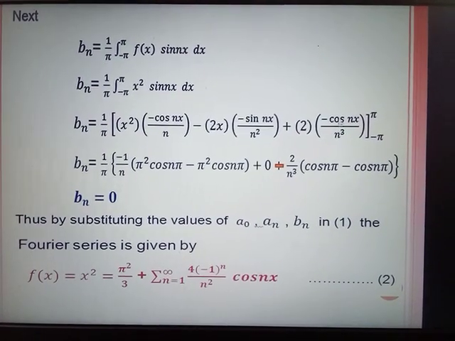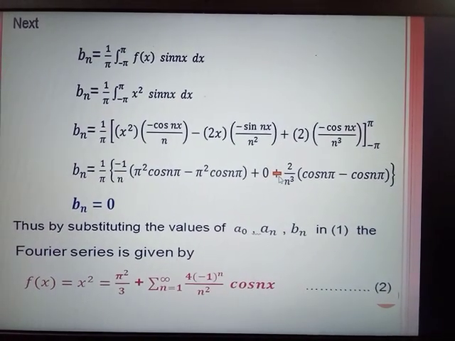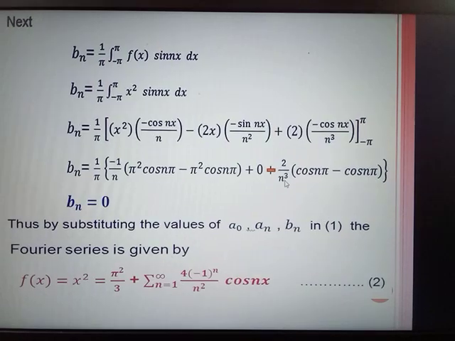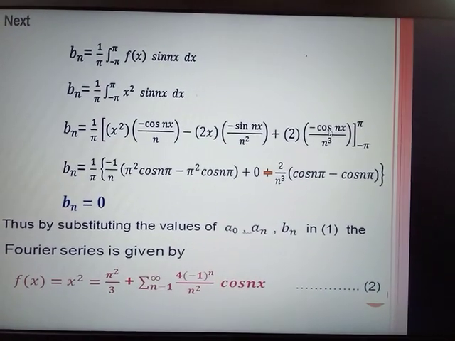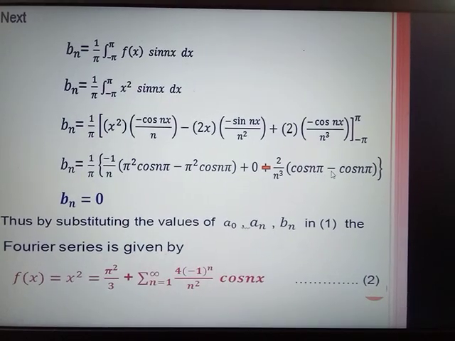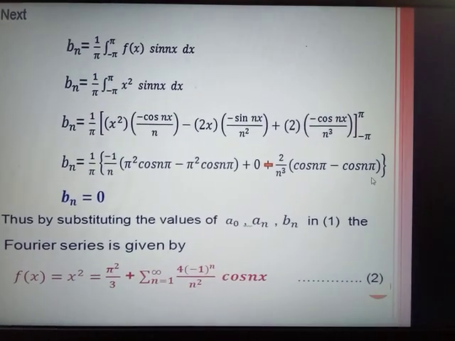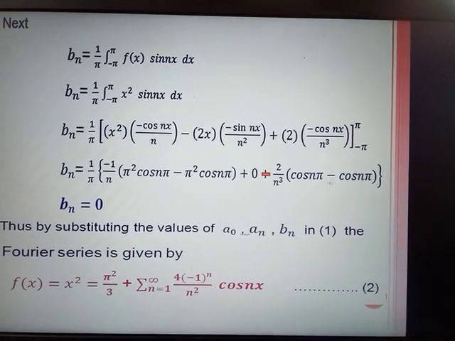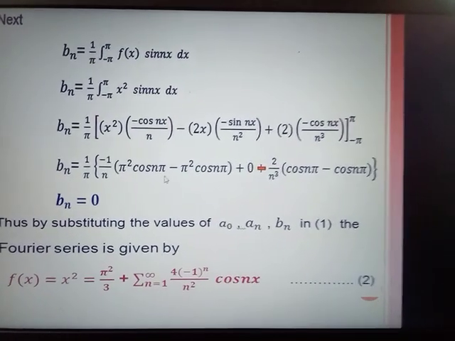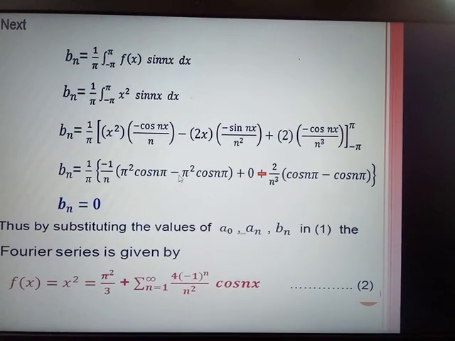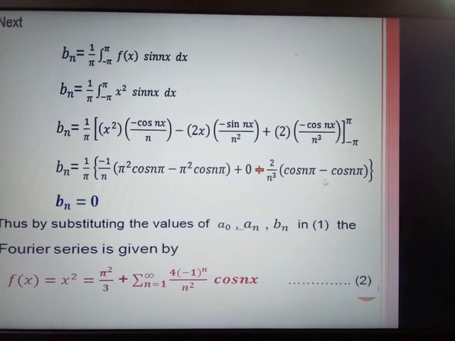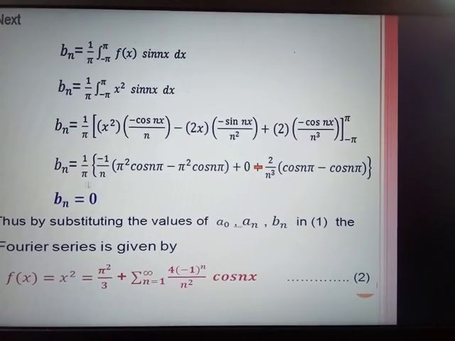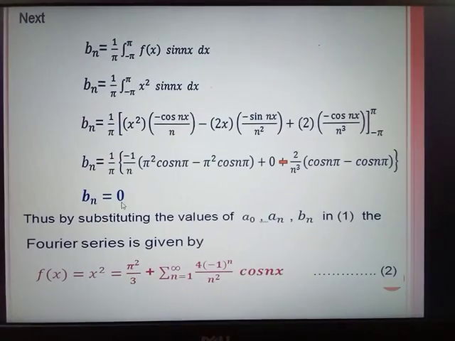Before applying limits, take this negative sign outside, it will be minus 2 by n cube. This is minus, not plus, minus 2 by n cube. Apply the upper limit cos n pi minus the lower limit, cos of minus theta is cos theta, therefore it is cos n pi minus cos n pi. Here pi square cos n pi minus pi square cos n pi is 0. Again here cos n pi minus cos n pi is 0, therefore the whole term is 0, therefore bn is equal to 0.